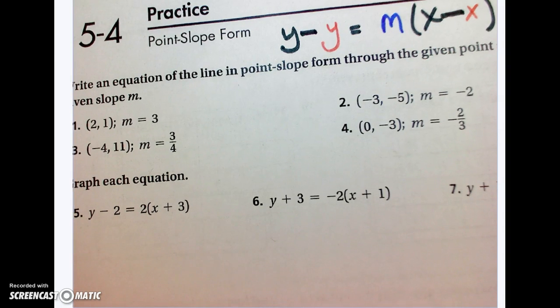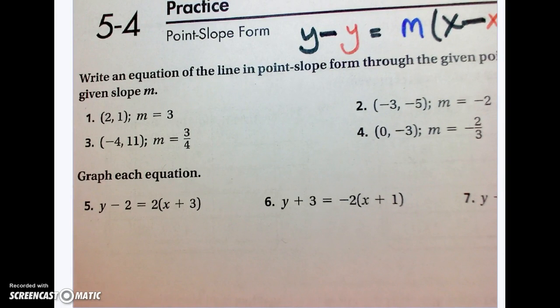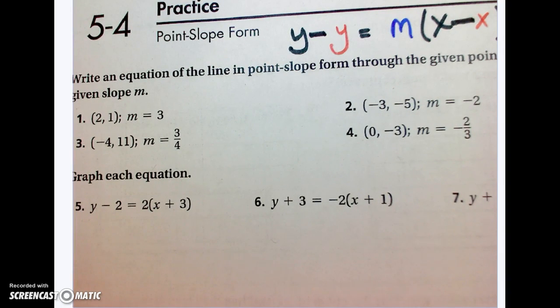So number 1, it says write an equation of the line in point slope form through the given point with the given slope.